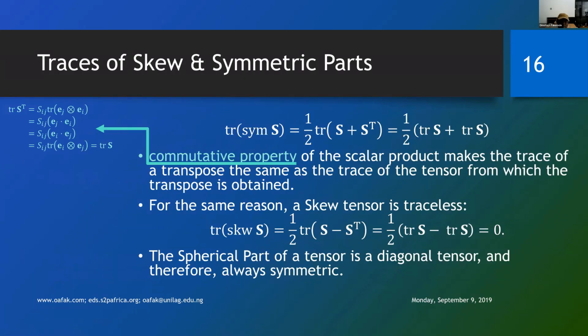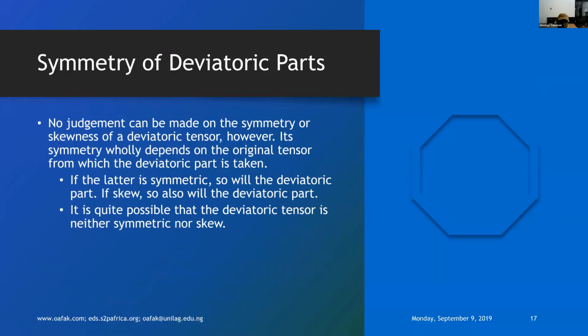Traces of skew and symmetric parts. You will see that the trace of the skew part is also 0, just like a deviatoric tensor. But the trace of the symmetric part is the same thing as the trace of the tensor itself. So whether it is the spherical part or the symmetric part, the trace is the trace of the original tensor. No judgment can be made on the symmetry or skewness of a deviatoric tensor.